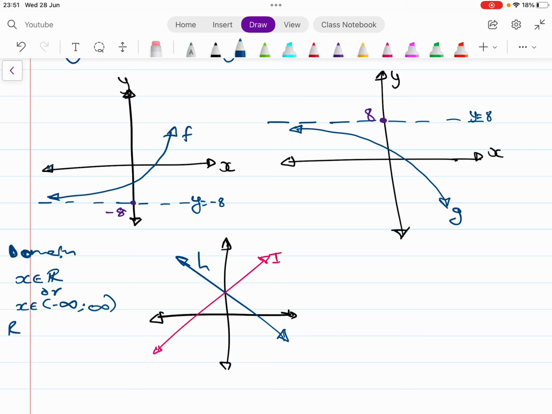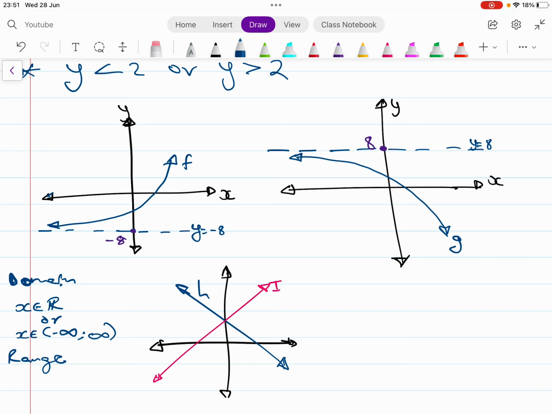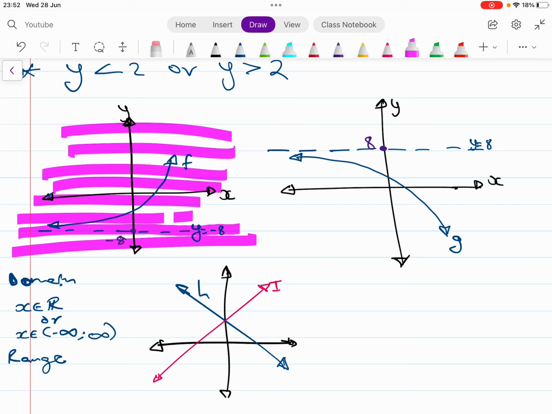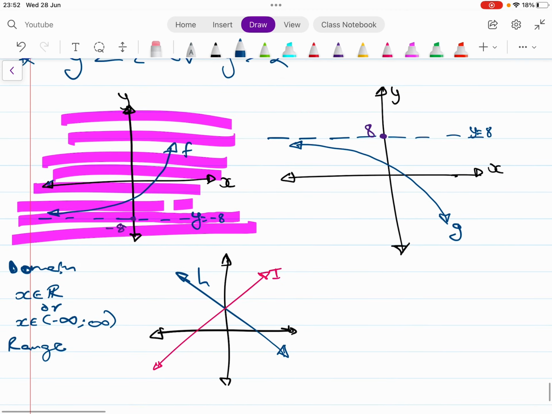And then in terms of the range, we are looking at graph F again. For the range, we are going to look at all the y values for which the graph is valid. So we're just going to create arbitrary horizontal lines to see if all of them are going to touch the graph. You can see this one doesn't touch the graph until you get to negative 8. It still doesn't touch the graph, but any line above negative 8 starts touching the graph. So you can say the graph is valid for all the y values which are greater than negative 8.